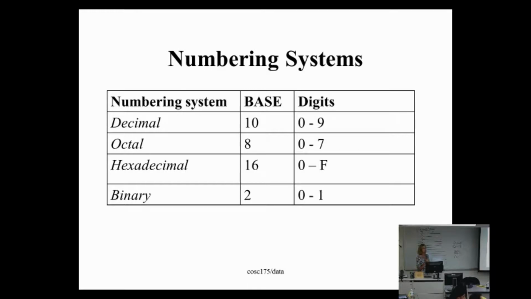I'm out of digits, so I have to go over to the next placeholder. Give them a minute to think about this, okay? So it's 0, 1, 1, 0, 1, 1. We're out of digits, so now we do what? Over to the next placeholder, okay?